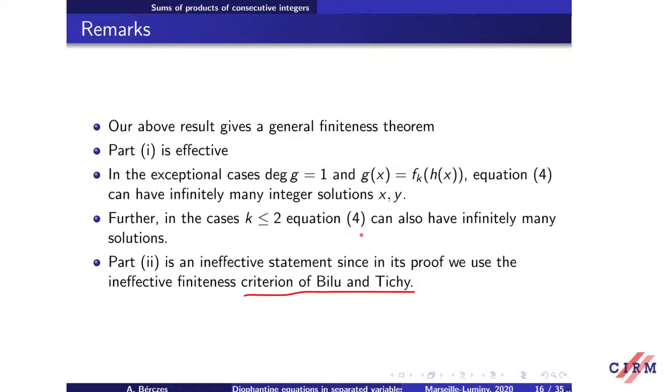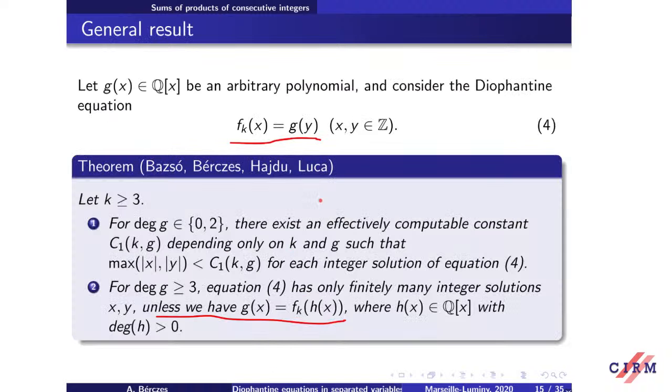What about the cases which are excluded? First of all, whenever g of x equals f_k of h of x, then clearly we may have infinitely many solutions. Also, when the degree of g equals 1, we may have infinitely many solutions. Well, it is clear whenever g is linear, then this might have infinitely many solutions.